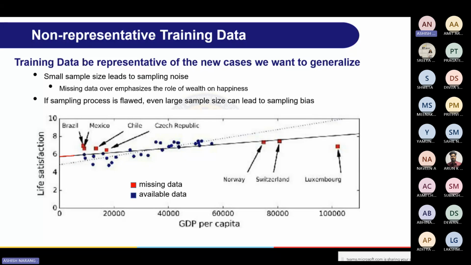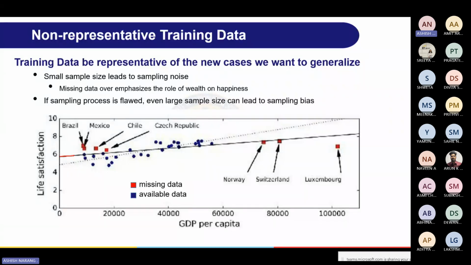So let's say if only wealthy countries with high happiness scores are included, the model may conclude that increasing GDP always increases happiness. But the moment the missing countries are added, the red ones, the trend becomes more balanced and realistic. So the major takeaway is that machine learning models are only as good as the data that we are using to train them.